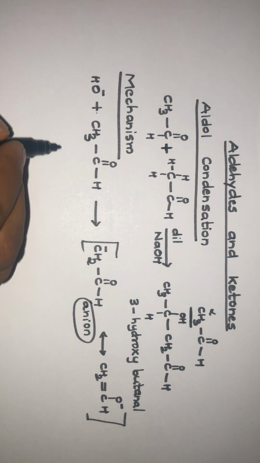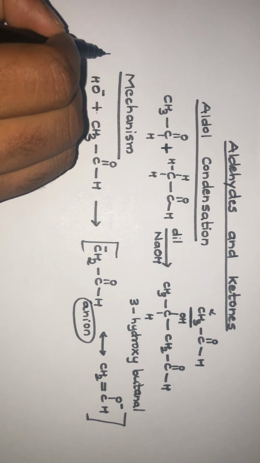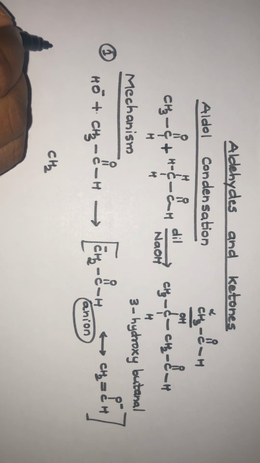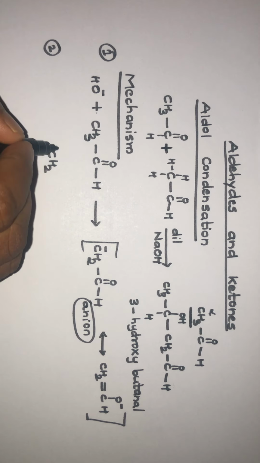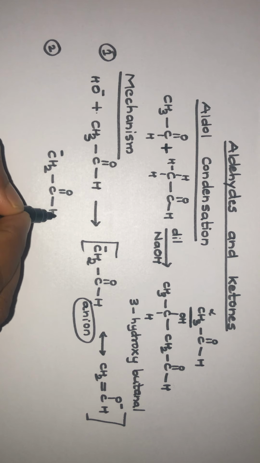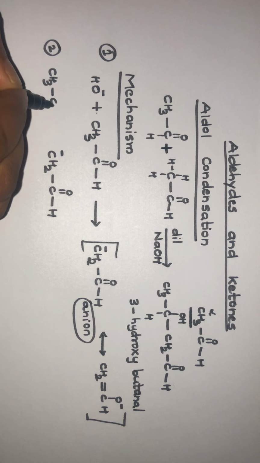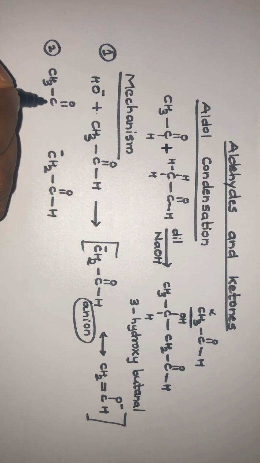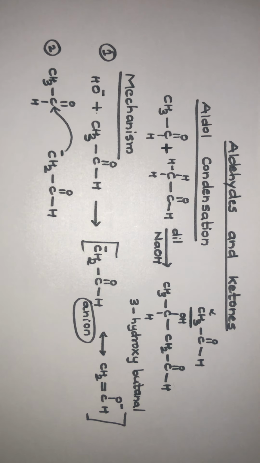So this ion in step 1, this is step 1. Let's see what happens in step 2. Whatever anion is formed attacks the carbonyl carbon.